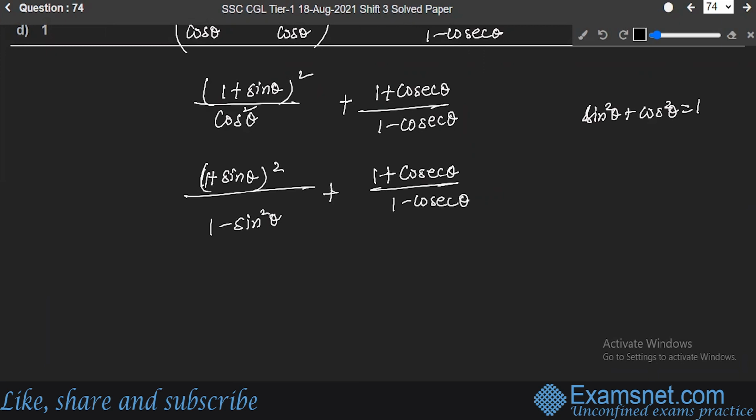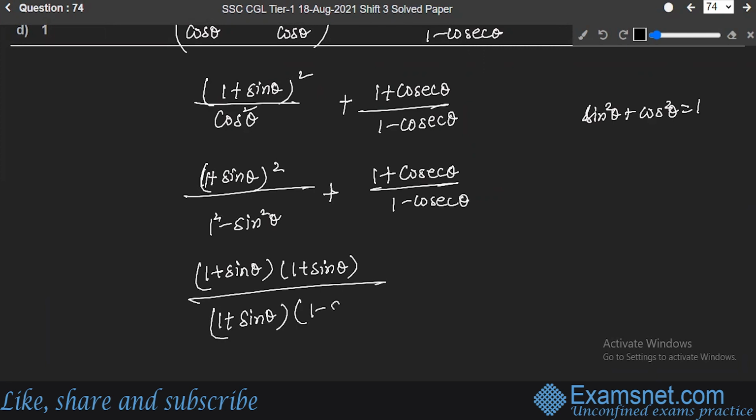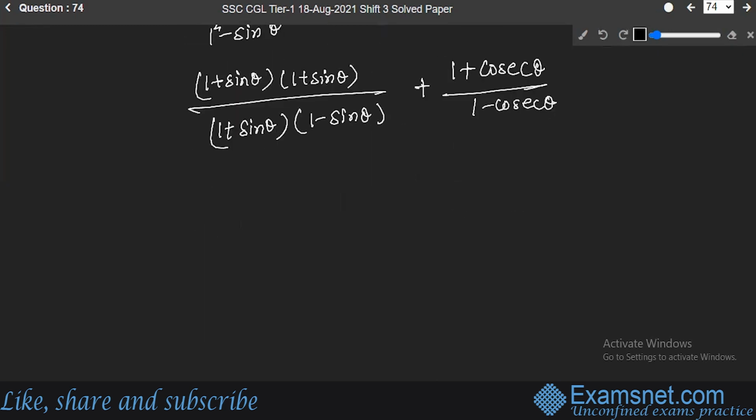Now (1 plus sine theta) into (1 plus sine theta) upon, this is a square minus b square, so this becomes (1 plus sine theta) upon (1 minus sine theta). The 1 plus sine theta will cancel, and you have (1 plus sine theta) upon (1 minus sine theta).